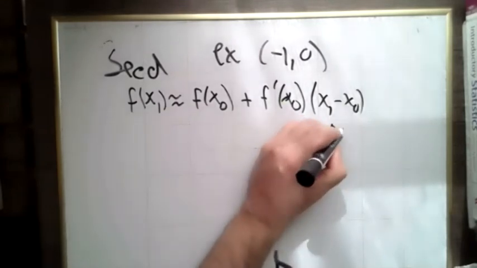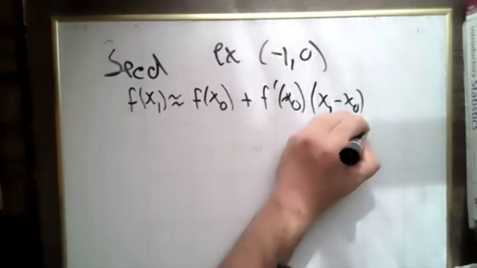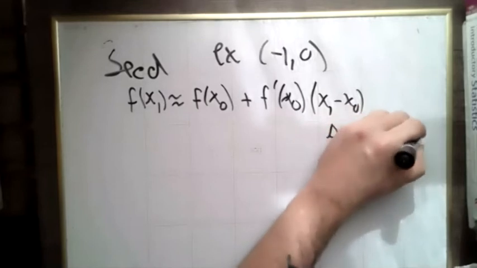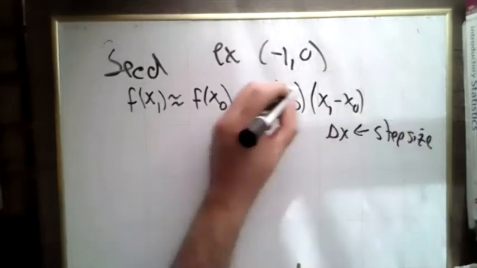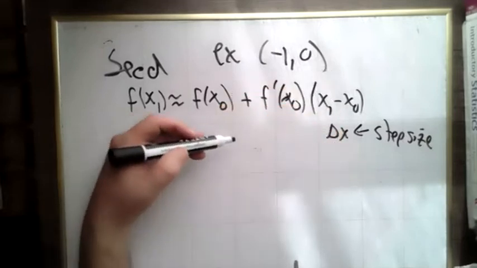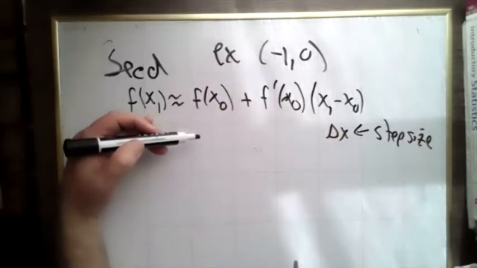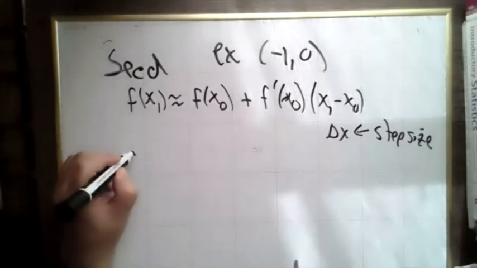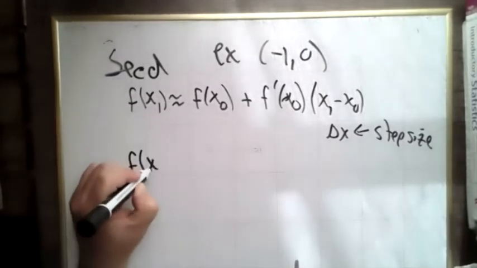So that's my delta x, or my step size. And this is my starting point, my seed. Then once I get this, this will give me some approximate value for f of x1. I use that to build the next one.